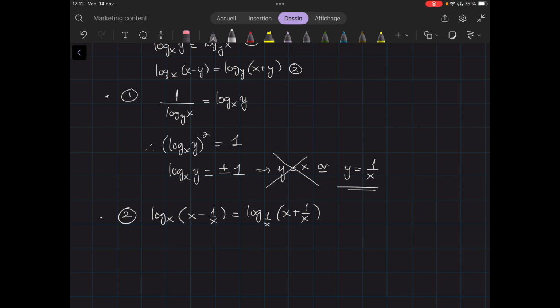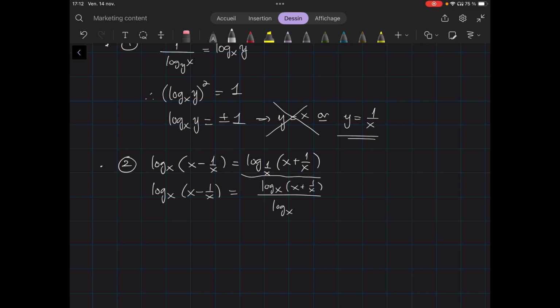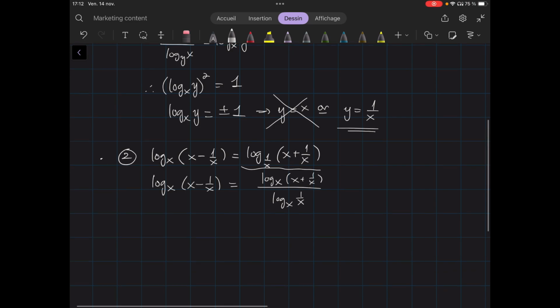Let's see if we can get it to the same base. So, I will change the base for the right-hand side. One over x is x to the power of negative 1.